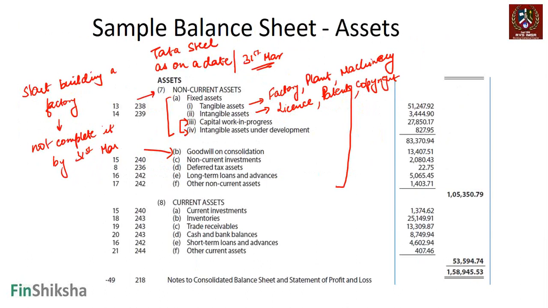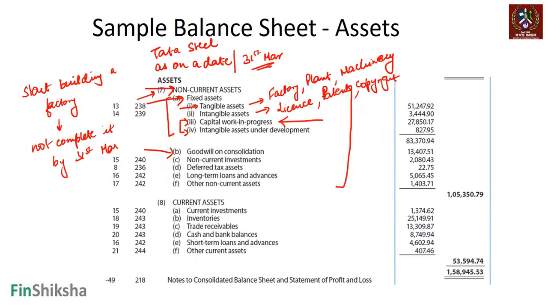So it has to be classified under long-term or non-current assets, but it is not yet a tangible asset. It is not yet ready, right? So if there is some factory, some equipment, some plant that is under construction, has not started generating money for you, that is what is called capital work in progress.